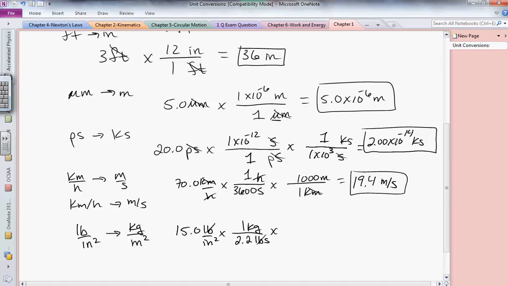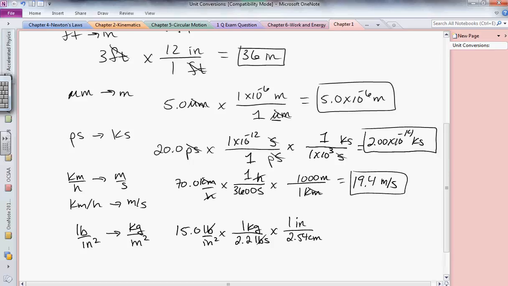Now we have the inches squared, and this is where you have to be careful. Essentially treat it so that there isn't a power there. So I'm going to go first from inches to centimeters, then centimeters to meters. So I'm going to have 1 inch on the top. I'm going to have 2.54 centimeters on the bottom. That's the equivalency between inches and centimeters.